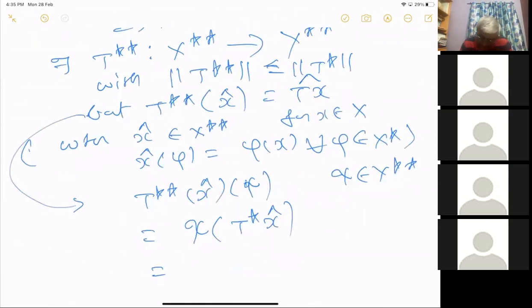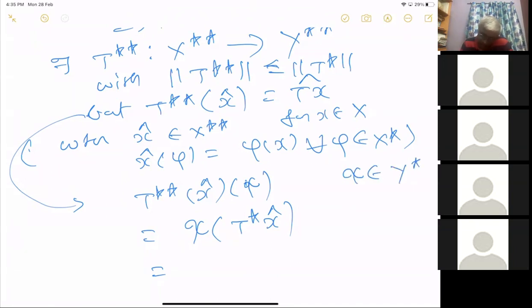So T double star of x hat acting on some chi. Chi is in Y star, right? T double star is a map from X double star to Y double star. So T double star of x hat should be acting on something in Y star. Chi is in Y star, right?